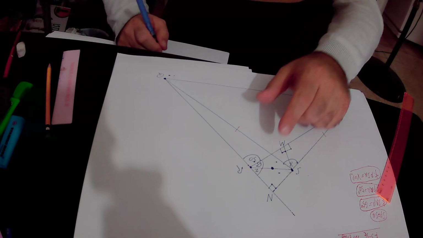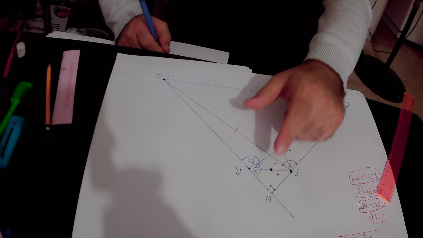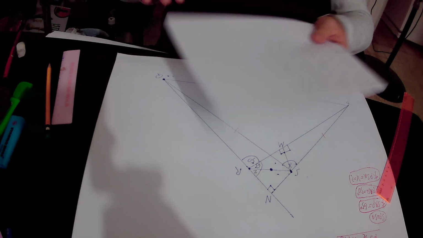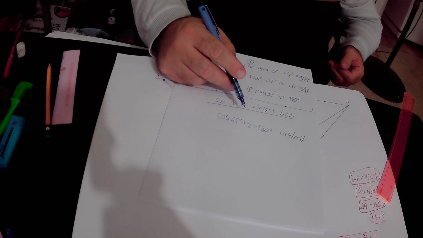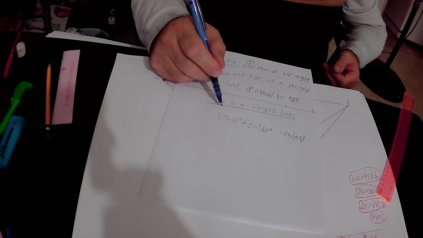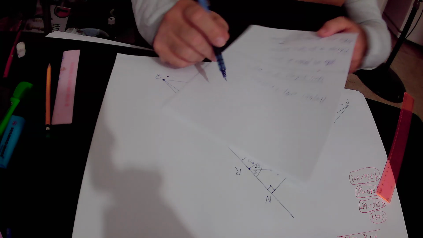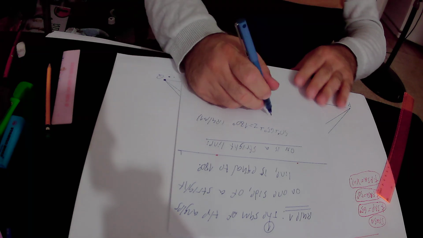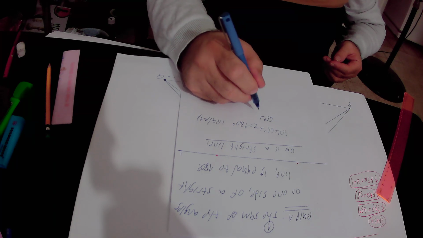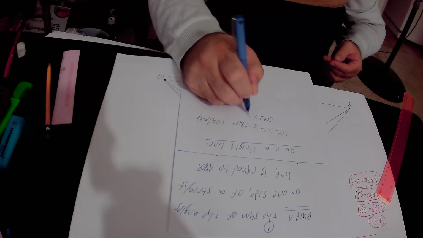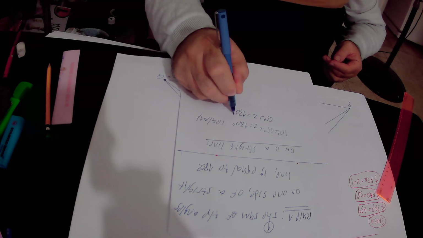The sum of the angles on this side of the straight line NQ must be equal to 180 degrees according to rule number 1, that is to say 50 degrees plus 65 degrees plus angle Z must be equal to 180 degrees. Here we will subtract 50 degrees from this equality and we will get that 65 degrees plus angle Z equals 180 degrees minus 50 degrees, which is 130 degrees.